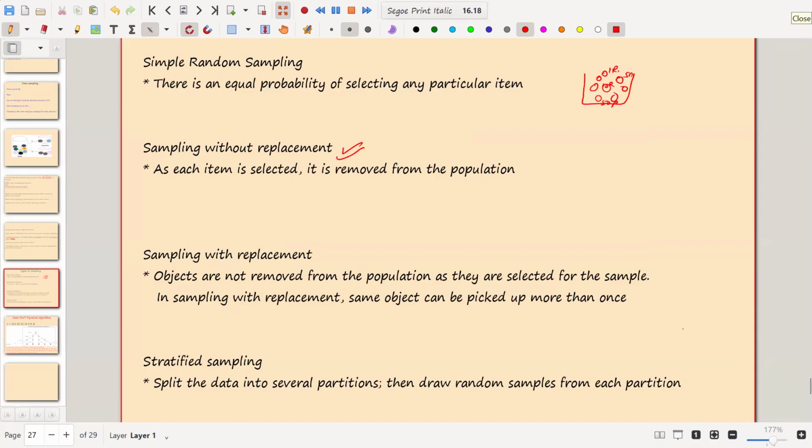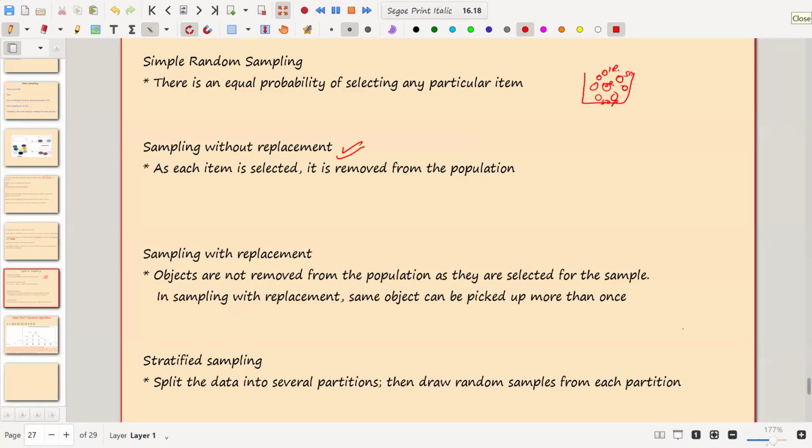Sampling without replacement. What do you mean by sampling without replacement? Suppose maybe there is a pink coin here, okay, and you chose that coin, and you keep it. I mean, you don't replace it inside the population again. So when you choose another coin, the pink coin won't be there.